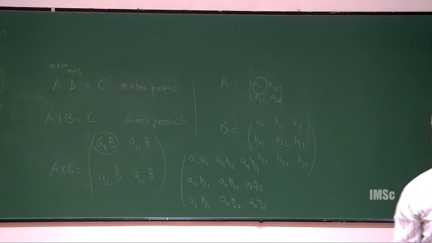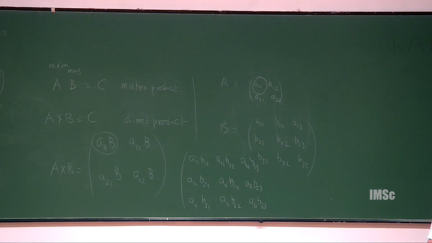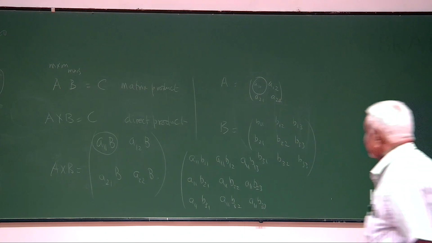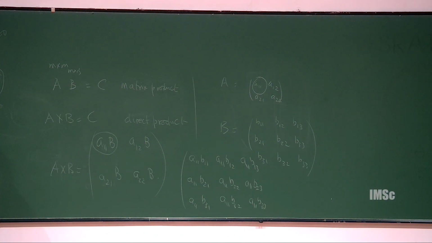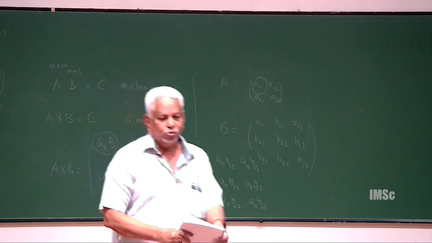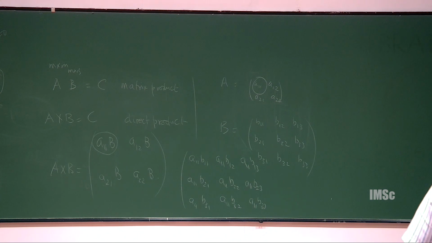If I had taken the direct product of a 3 by 3 matrix with a 3 by 3 matrix, what would be the size? 9 by 9. That is what I did in the previous example, where I took the direct product of those two matrices and constructed the 9 by 9 matrix.